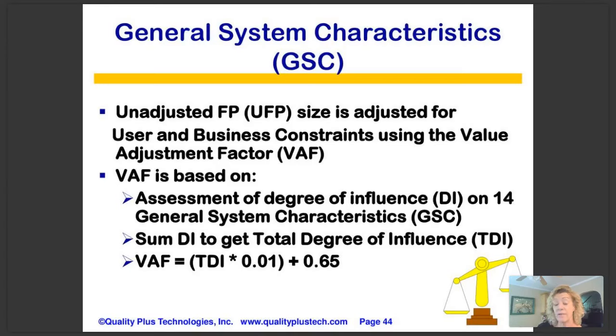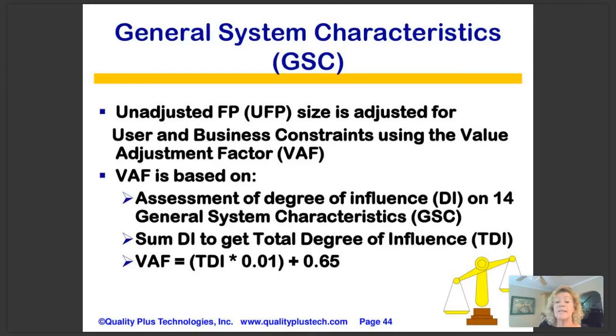The degree of influence means, do I have a number between 0 and 5? Remember, degree of influence is that score 0 through 5 on each of these general system characteristics. And my GSCs, or general system characteristics, are all of those factors, like data communications. I know these words are tough, and it really takes memorizing.